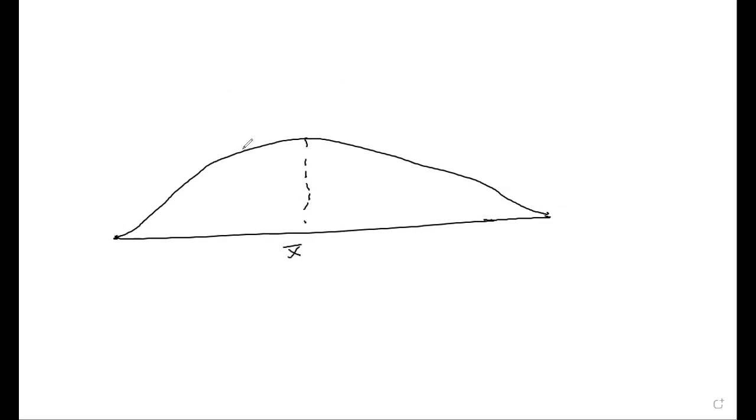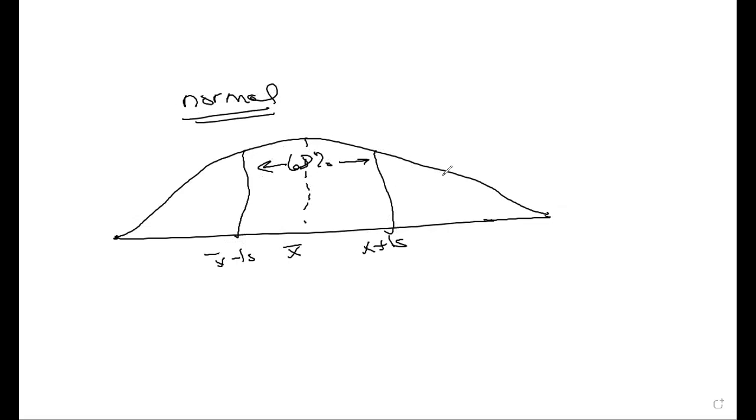So you've got to know that between the mean minus 1 standard deviation and the mean plus 1 standard deviation, 68% of your numbers are between there on a normal distribution, normal curve. And from your mean plus 2 standard deviations and your mean minus 2 standard deviations, 95% of your data is between those two numbers.